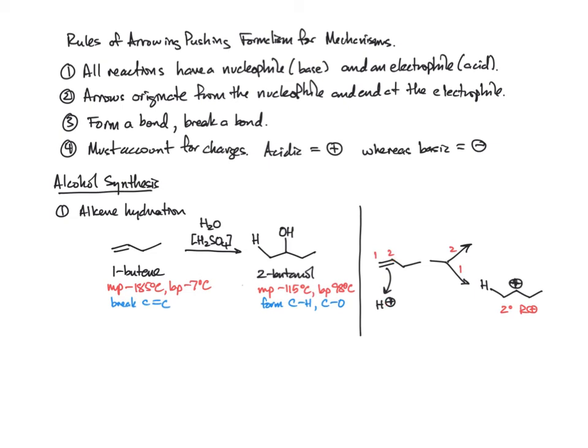This is why you want to draw these things out so you can immediately compare them. Now that first position gets the carbocation. And this is where we have to decide. When the alkene is treated with the acid, it bifurcates.